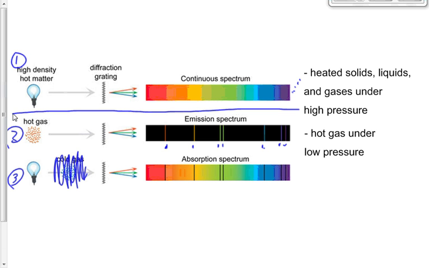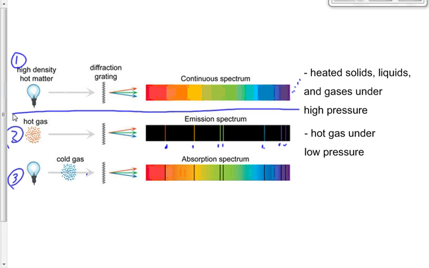But if we introduce this cool gas, then that cool gas or cold gas will absorb certain photons, causing the electrons to jump to higher levels. When it absorbs certain photons, causing the electrons in this cold gas to jump to higher levels, what do we end up getting on the other side?